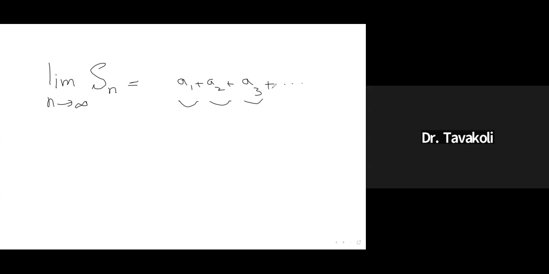First of all, the notation that we use, that probably in more elementary courses you have seen, is the sigma notation. So instead of using Sn or a1 plus a2 plus a3 plus dot dot dot, we use this notation, the sigma notation of a_n or a_k. Let me go with k, and k runs from 1 to infinity.